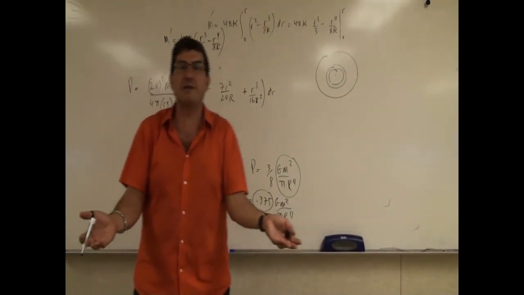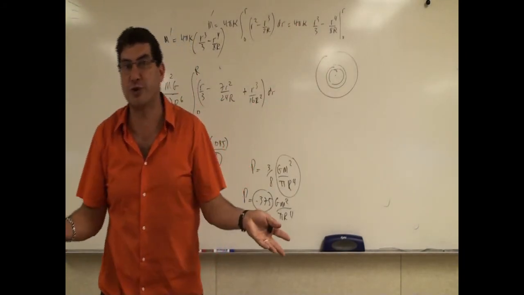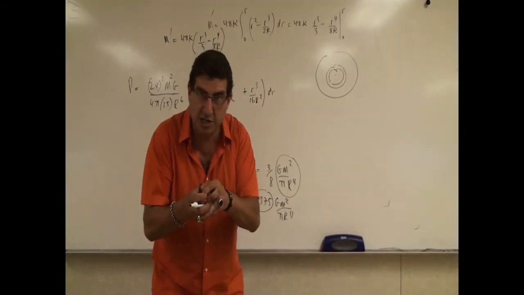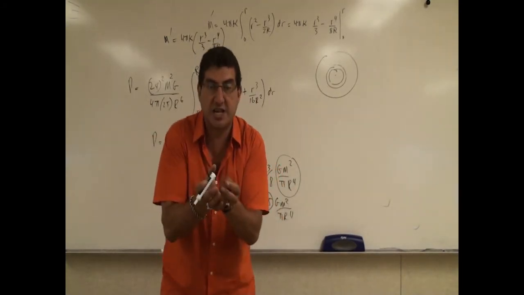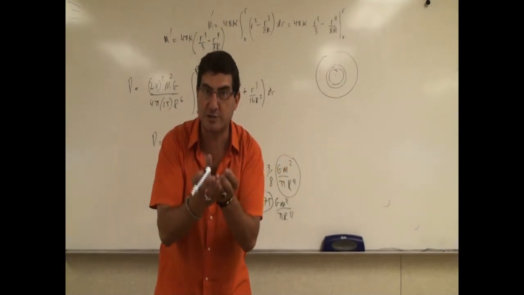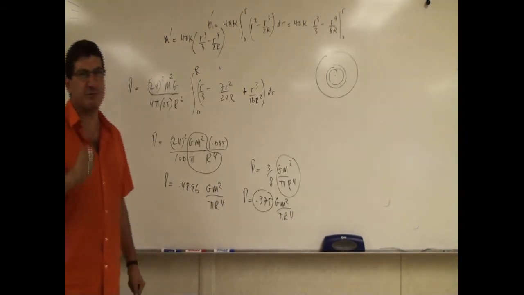So the weight would be distributed over a larger area and the pressure would be less, right? But if more weight is concentrated at the center, the surface area of the center is smaller. That means the weight is distributed over a smaller surface area and the pressure is higher. So it makes perfect sense.